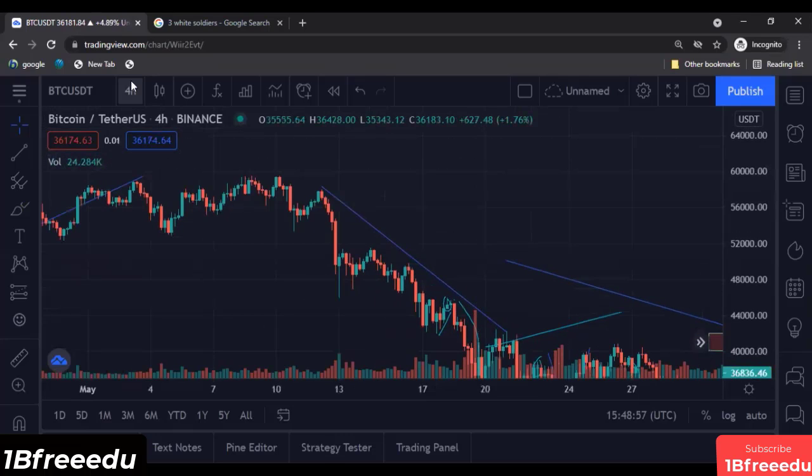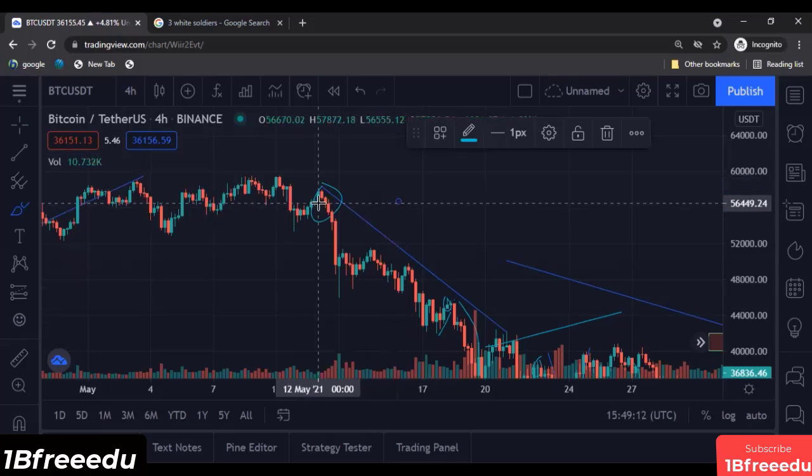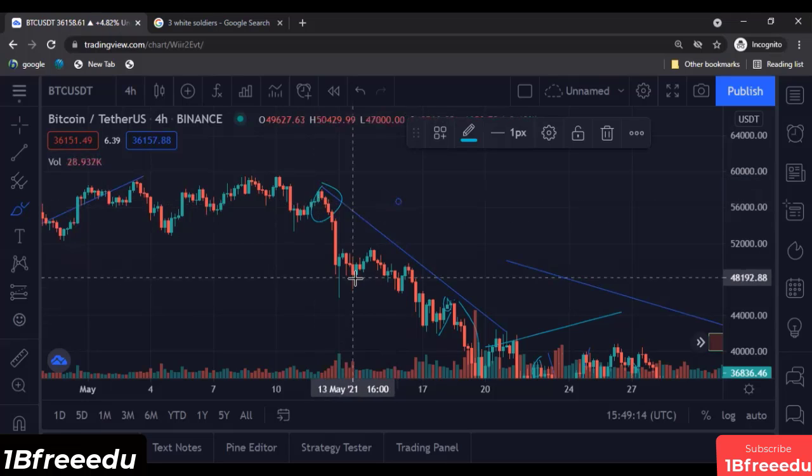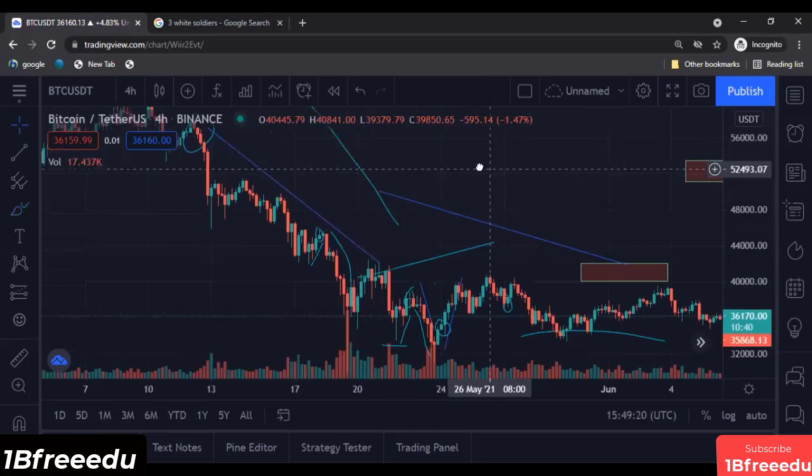This is the 4-hour chart, and as we move to higher time frames, we would see it more accurately. Here as well, on a 4-hour chart, three black crows were taking place, and the price was continuously moving in a downtrend.